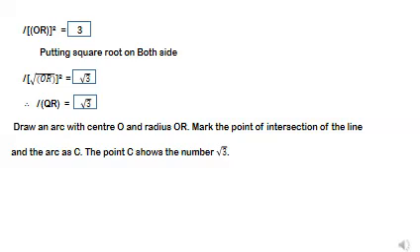When we put the square root, square and root will get cancelled, and the right hand side will remain like that only. So our answer will be OR equals root 3, and we have to plot this root 3, or mark this root 3 on the number line.